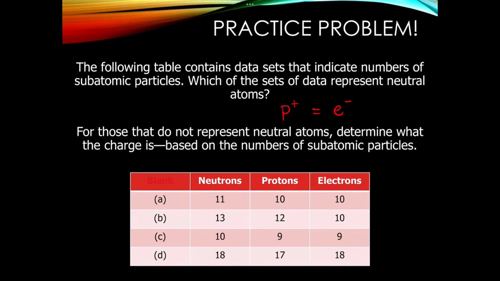I want you to tell me which sets of data represent neutral atoms. And for those that are not neutral, figure out what the overall charge is. If it's not neutral, is it positively charged or negatively charged, based on the number of subatomic particles? So go ahead, pause here, and come back when you're ready to see the answers.